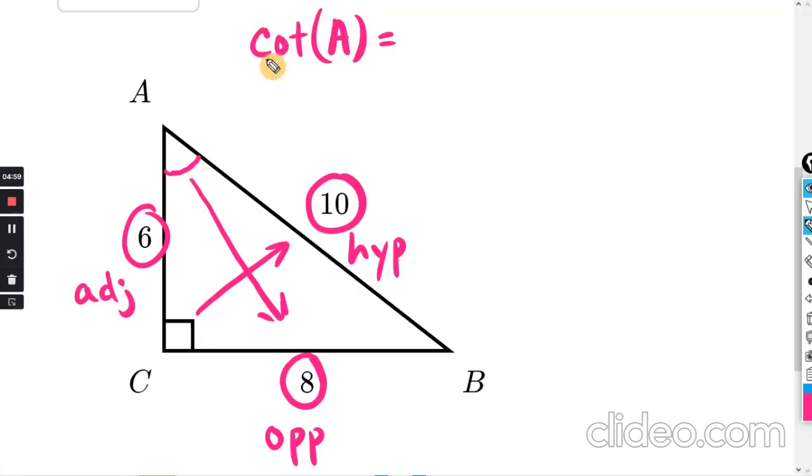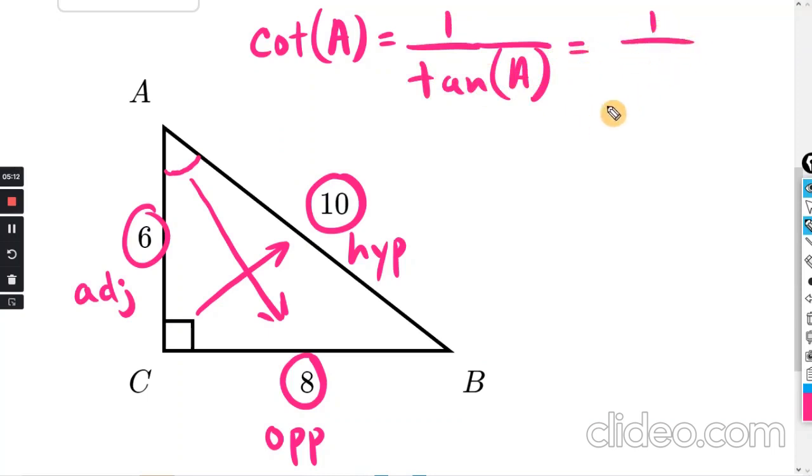We said in the beginning the cotangent is the reciprocal of the tangent function, so it's just 1 over the tangent function. If you remember SOH CAH TOA, for the tan function, it's opposite over adjacent. So it's 1 divided by opposite over adjacent. And 1 divided by a fraction, you just take the reciprocal of that fraction.